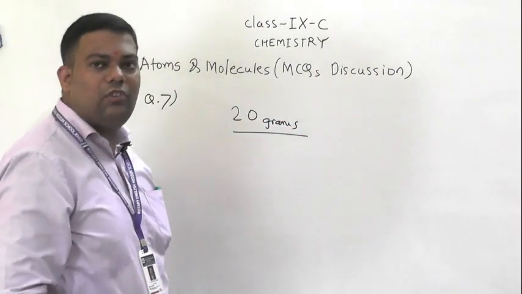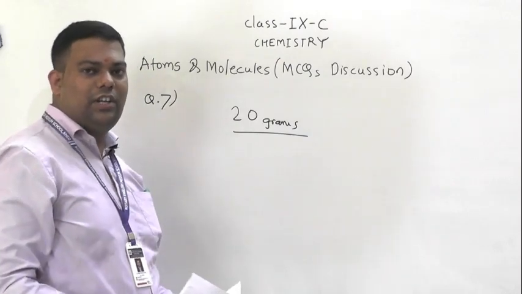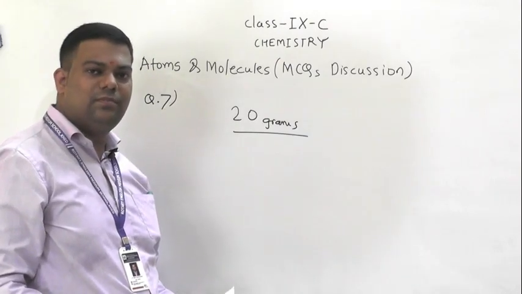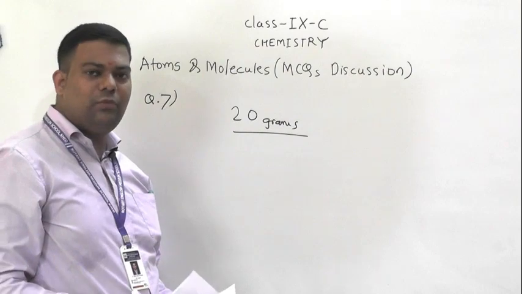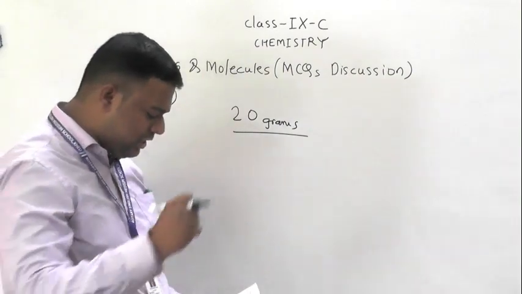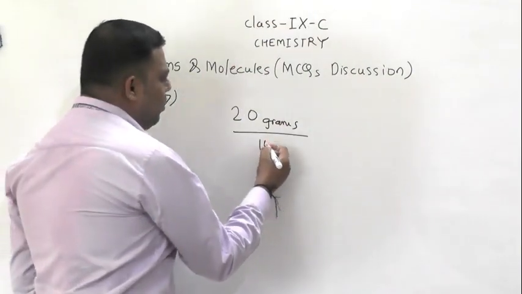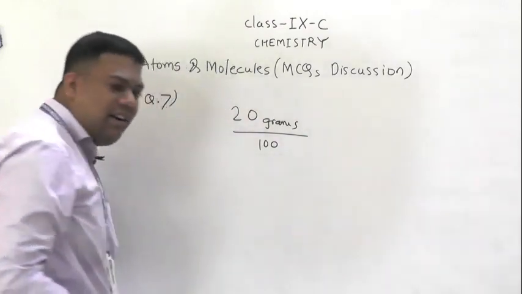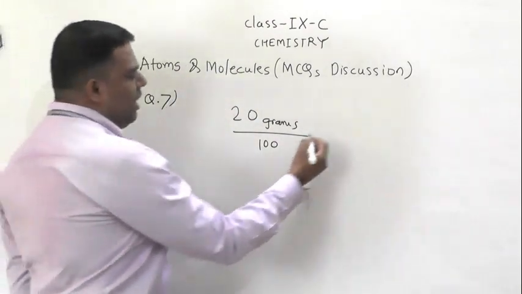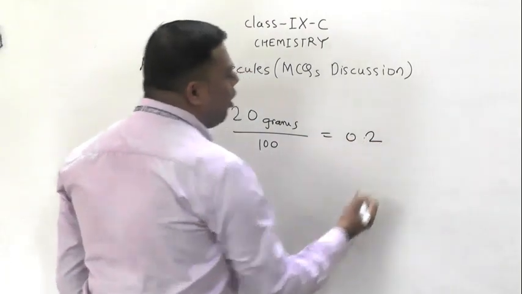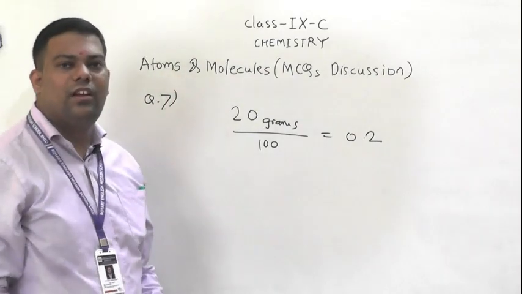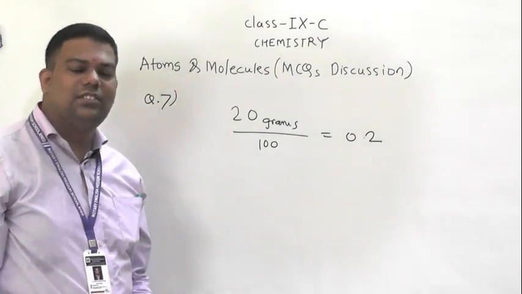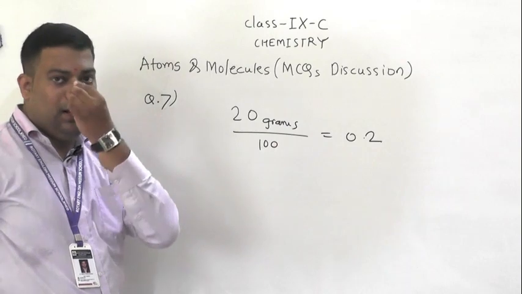From this we have to calculate the number of moles. So 20 divided by what? Simply the molecular mass of your calcium carbonate. So how much is it? Yes, 100. So 20 by 100. Yes, you can easily calculate how much? 0.2 mole.